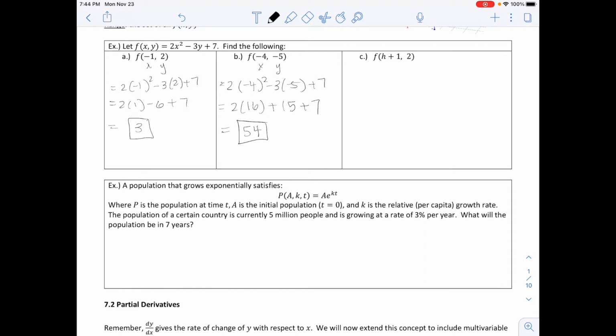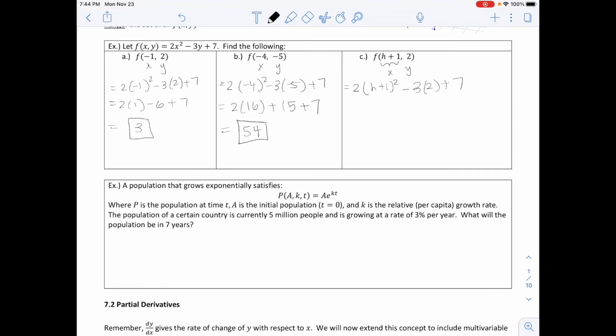The next example is the same function, however now we have f of h plus 1, 2, and this right here is our x, and 2 is our y. Substituting this in, we have 2 times, and then instead of x, we're going to put h plus 1 squared, minus 3 times y, and y is 2, plus 7.